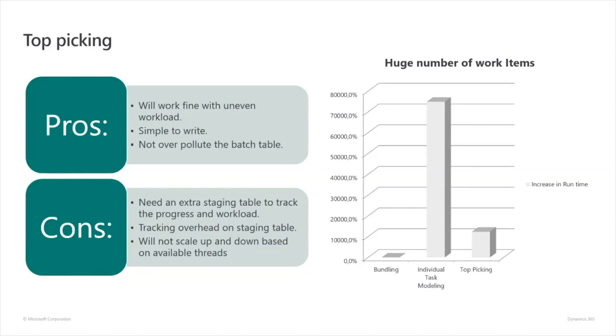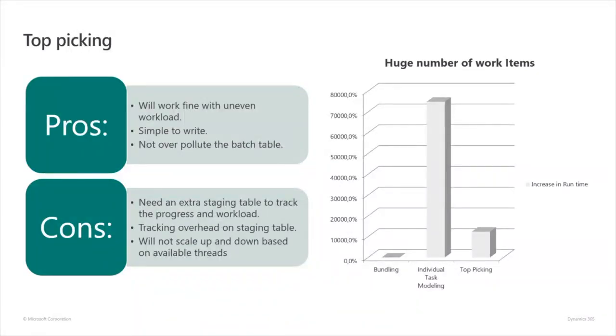So in this graph on the right, you see the runtime behavior of a very large workload with a large number of work items. This is, let's say, 2 million work items here. And you can see that for a very large number of work items, neither top picking nor the creating individual task model will scale.